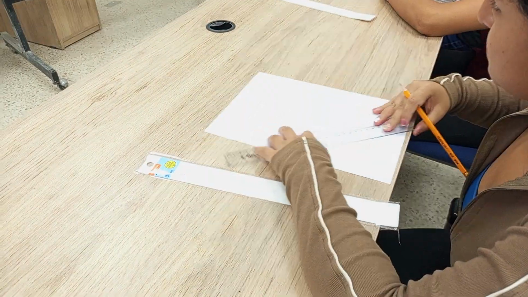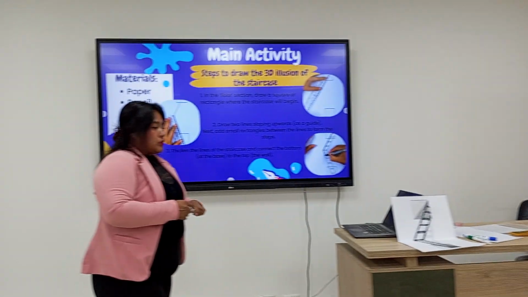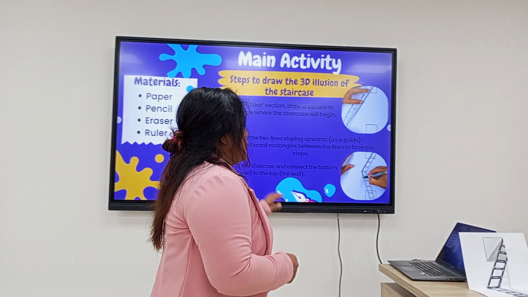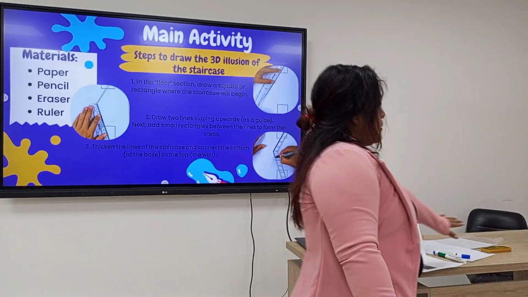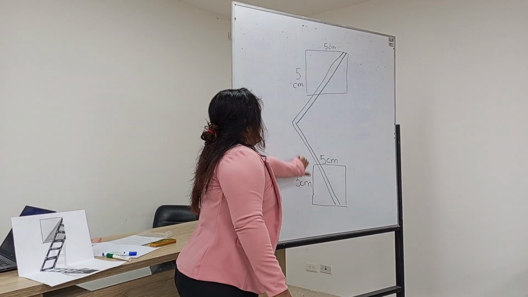The line of the staircase connects to the bottom at the base, connected.